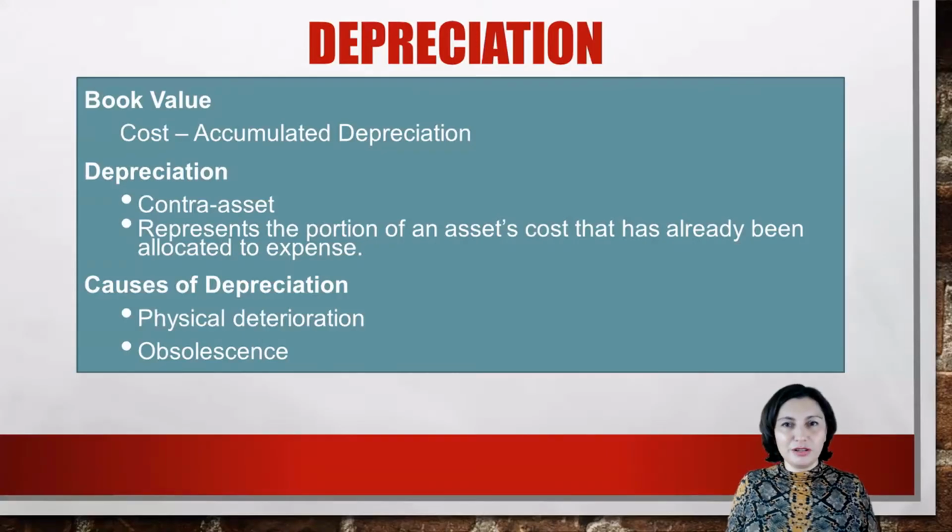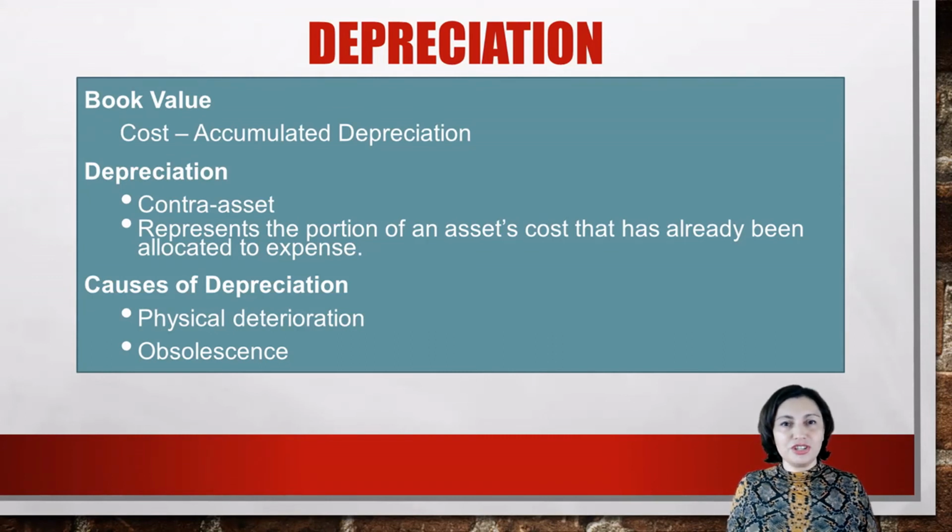When dealing with depreciation, you need to understand several terms and concepts. Book value is calculated as the historical cost of the asset minus the accumulated depreciation. Book value is the undepreciated cost of the asset. Accumulated depreciation represents the depreciation taken on the asset since its purchase.